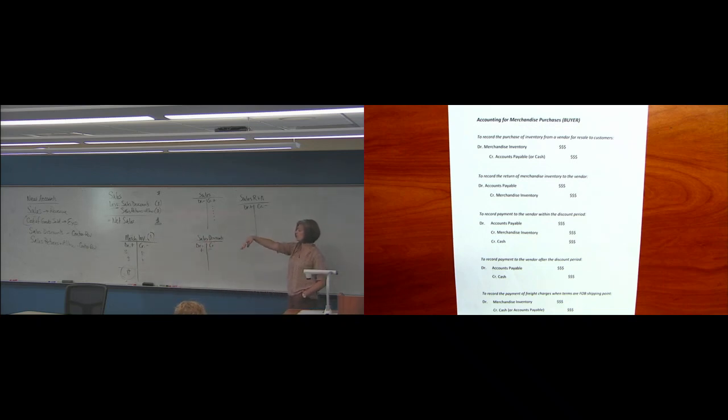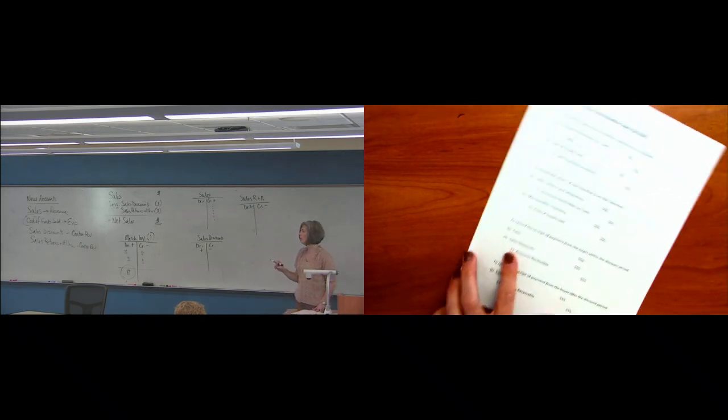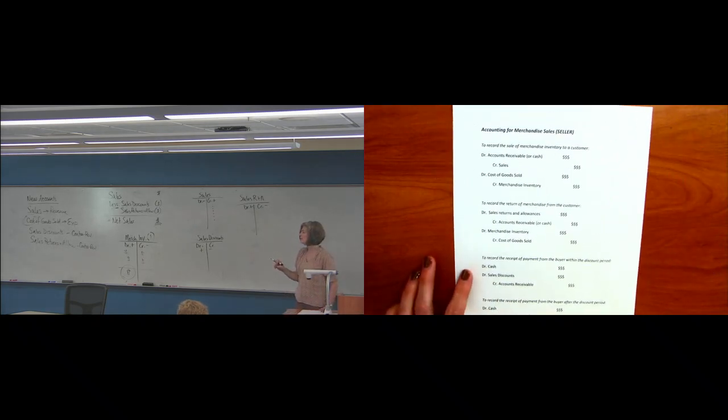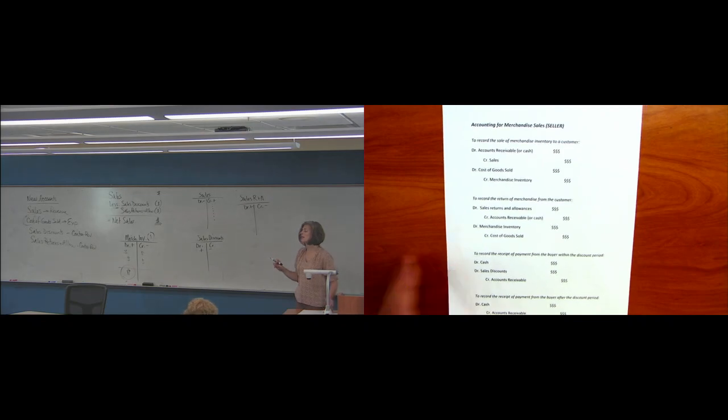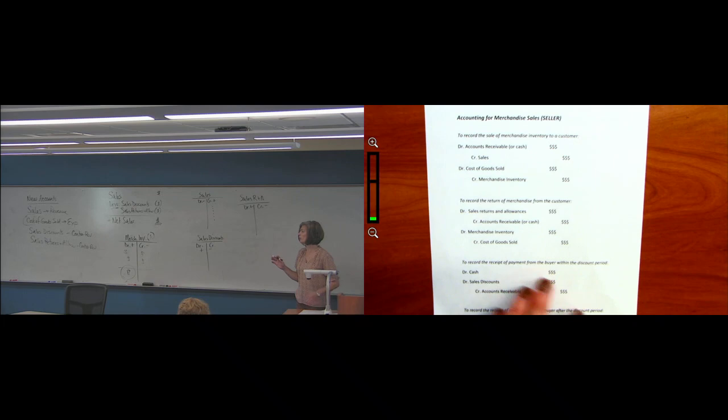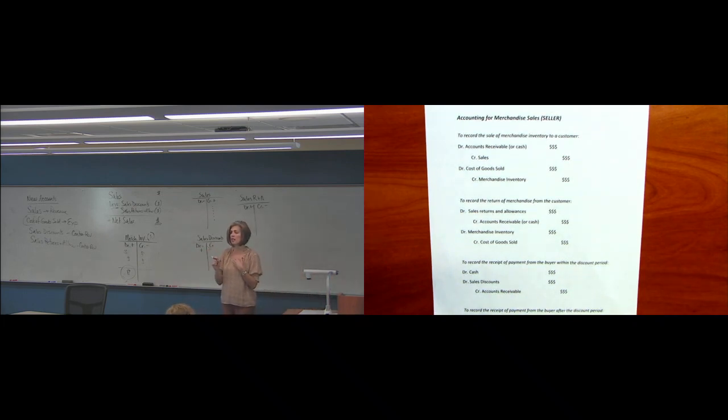So this particular side of the paper has to come first, right? You got to buy first, and then on the back side are my sales transactions. And they're the opposite, aren't they? So if I buy something from you, you're selling it to me. I'm the buyer, you're the seller, right? That's how it works. Okay?